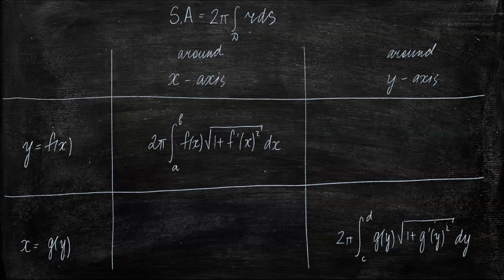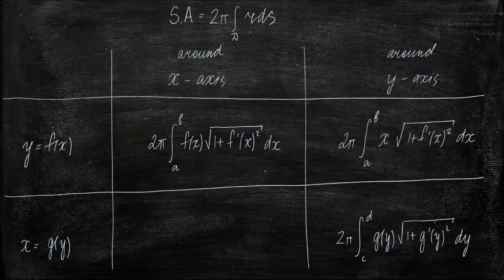However, we can also mix and match in here. So if you want to rotate around the y-axis, but your function is given to you as f of x, you can interpret radius of rotation to be simply x. And it will work.